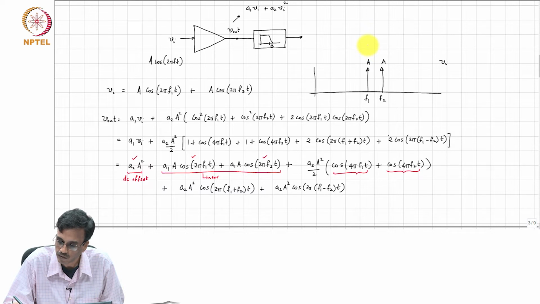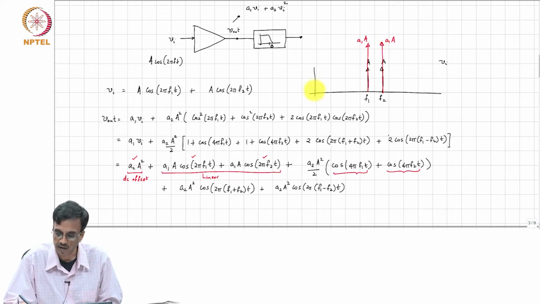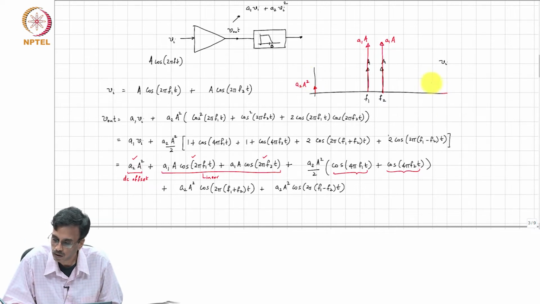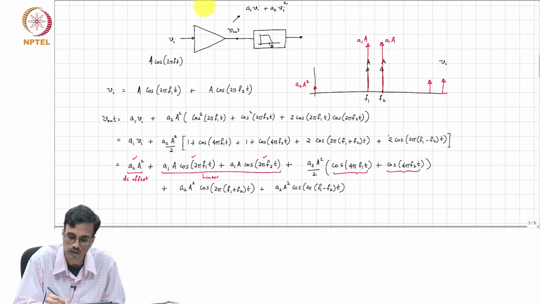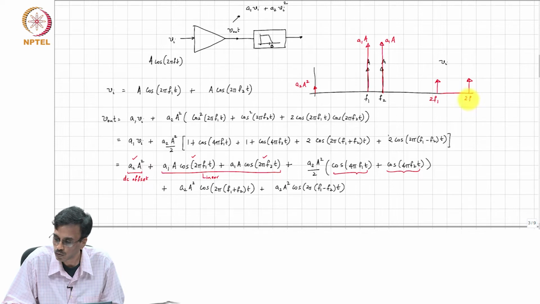So, the output has a component at f1 and at f2, with amplitude A1 A, there is a DC offset which is A2 A square, and there is a tone at 2f1 and at 2f2, with amplitude A2 A square by 2.